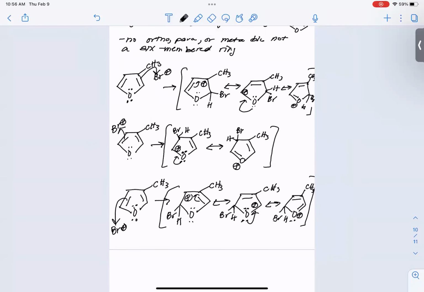I'm sorry to make it smaller on the screen, but if I were to ask you, which is the major product? Would it come from A, B, or C? AJ, why? Because the positive charge is closest to the donating group.